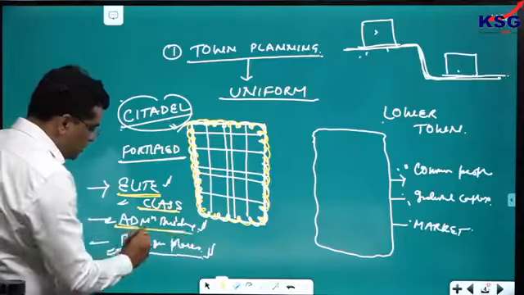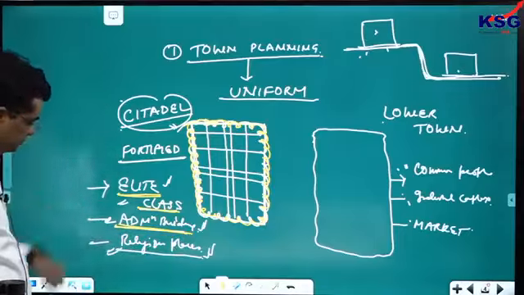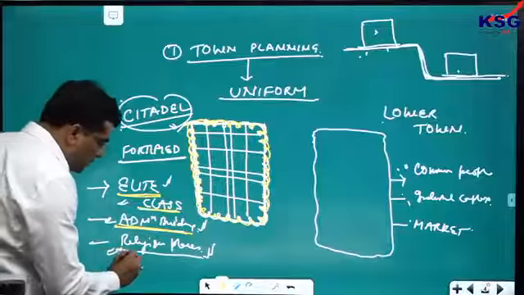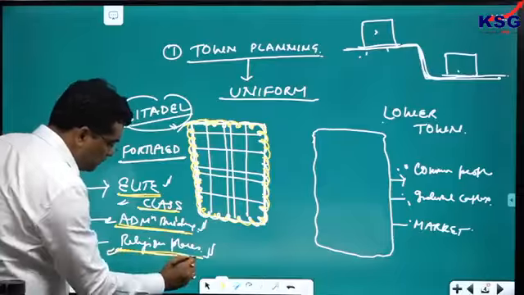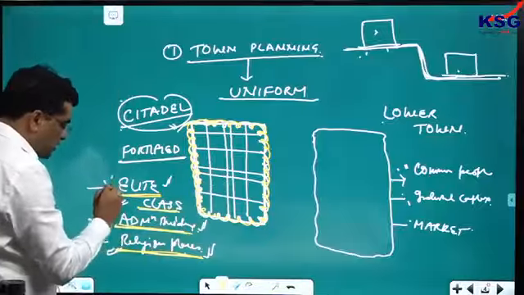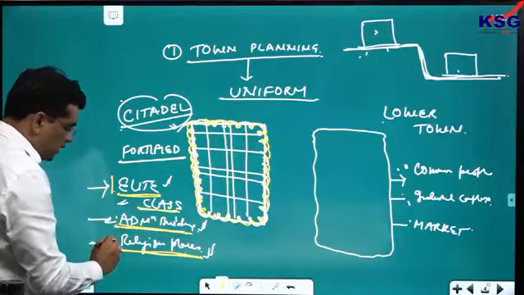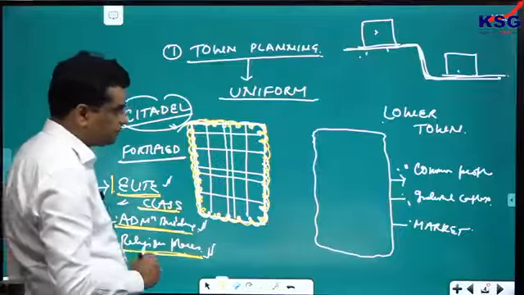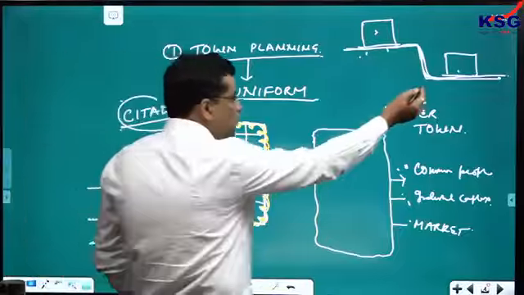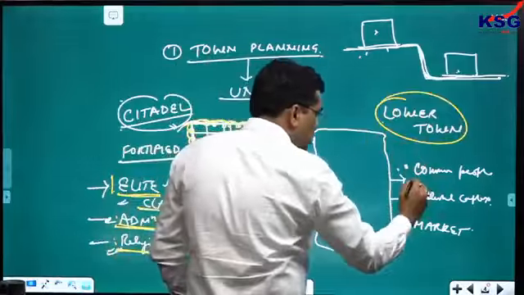We have administrative buildings and some religious structures also. Three things: elite class houses, administrative buildings, and religious places. And in the Lower Town, we can see common people.